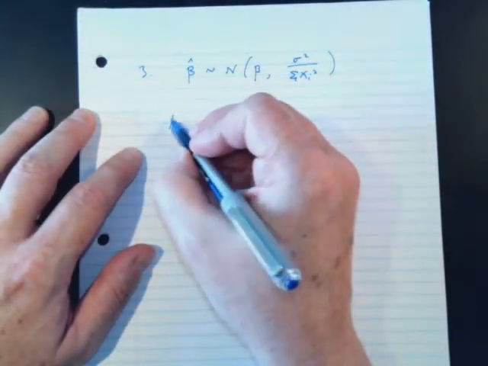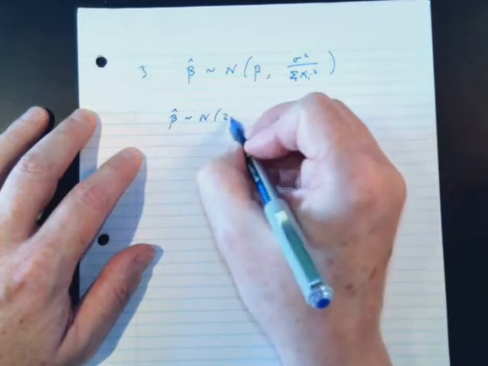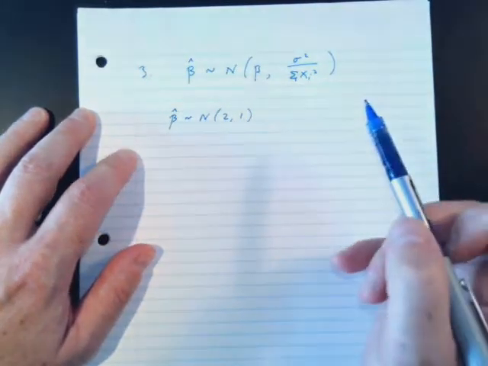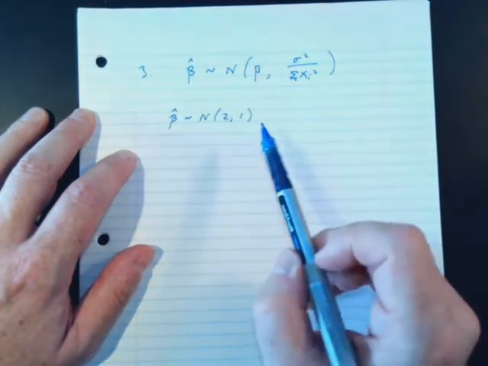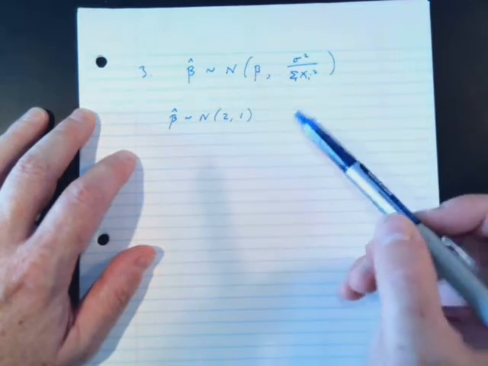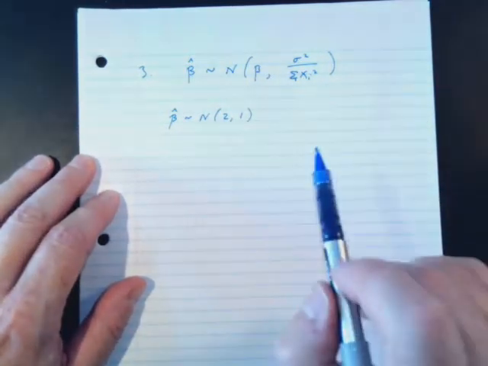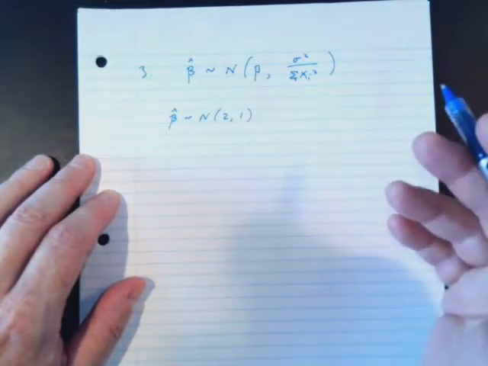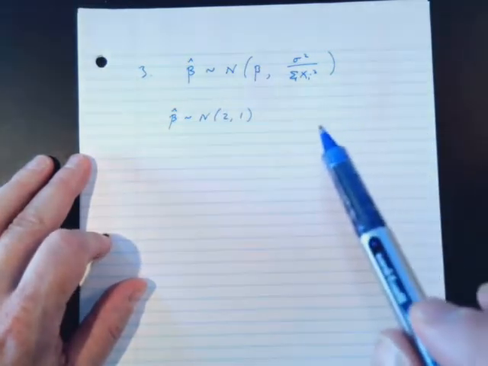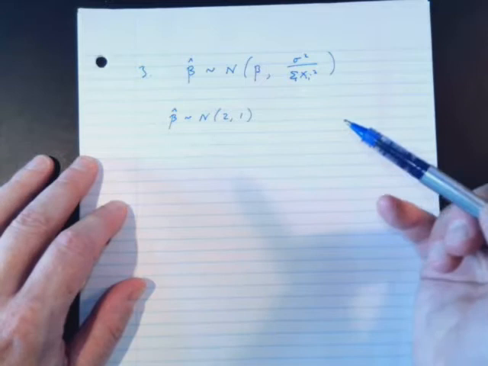So let's say that we have beta hat distributed normally, meaning mean of 2, variance of 1. And I should back up here, because this is all looking very theoretical and abstract, but when you get to doing regressions, which I guess you've already been doing, you'll know that the computer program gives you coefficient values and variances.